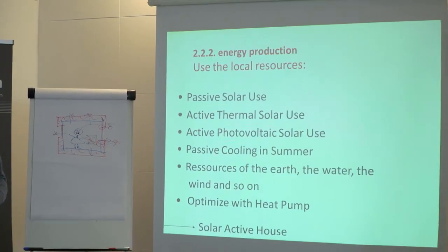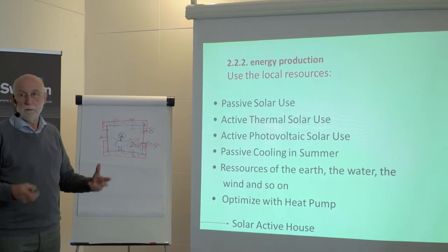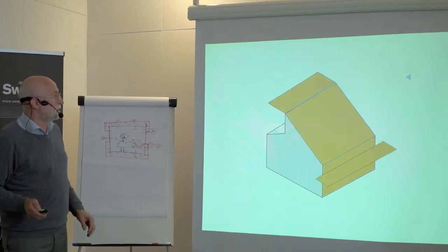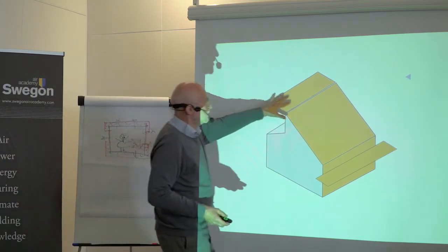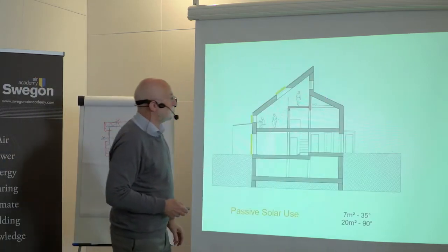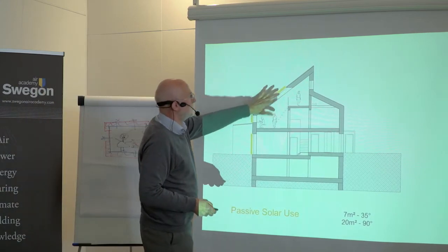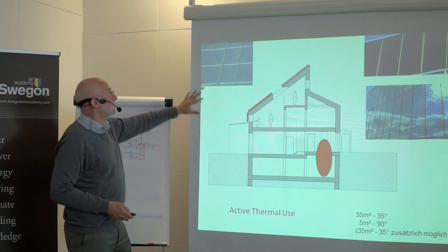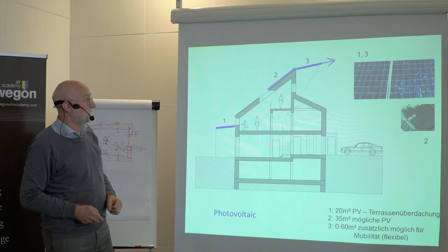How can we make our houses productive? We can engage different forms of energy which we find on the site. If we take this typical house, this is the solar potential the house has. So we can use passive solar through the windows. We can use active solar to produce warm water and heating.